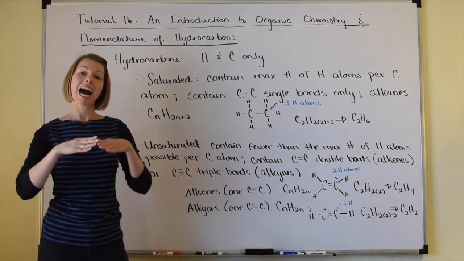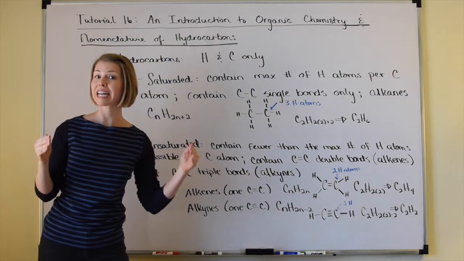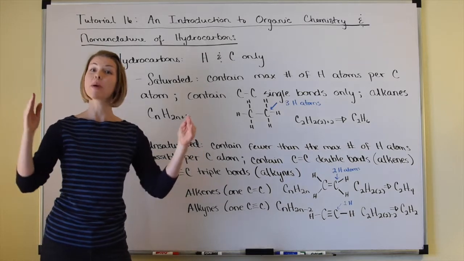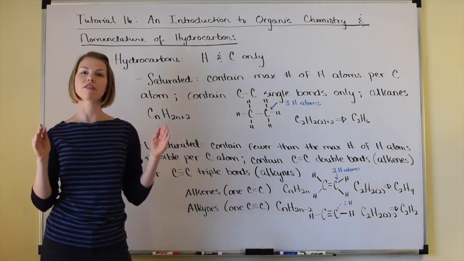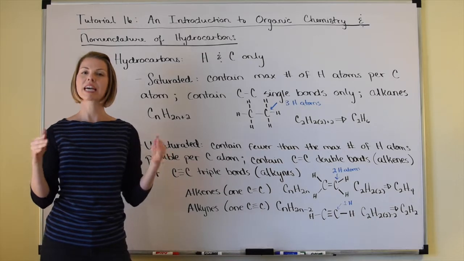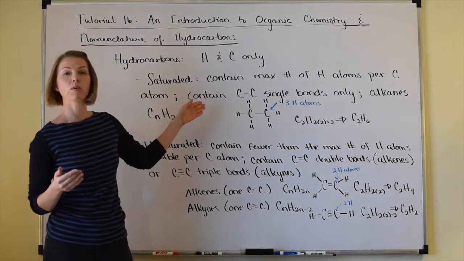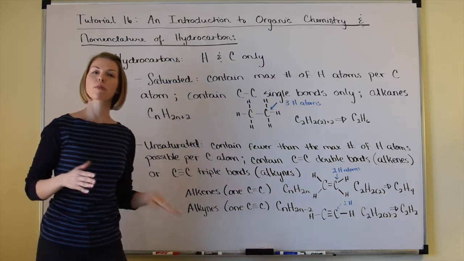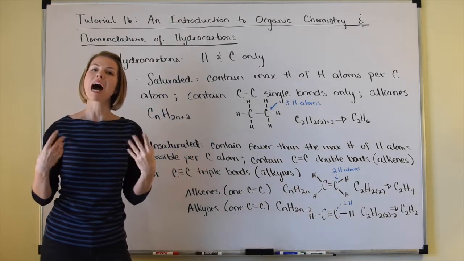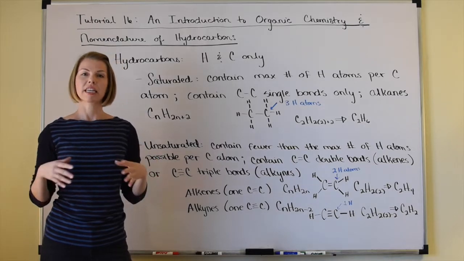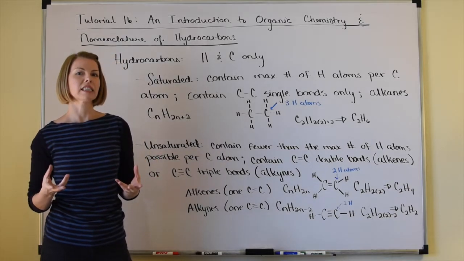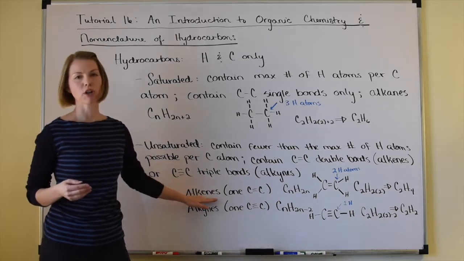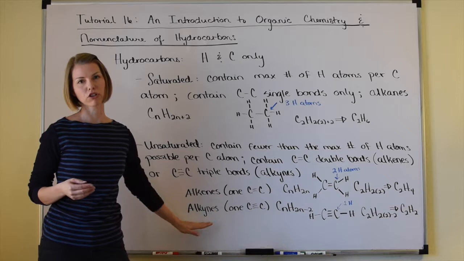They're referring to the hydrocarbon portion of your fatty acid molecules, which actually have another functional group on the other end, but the hydrocarbon portion of those fatty acid molecules can either be saturated with hydrogen, containing just carbon-carbon single bonds, or it can be unsaturated. And in the case of fatty acids that are naturally occurring in our foods, they just have carbon-carbon double bonds. They don't actually have triple bonds.